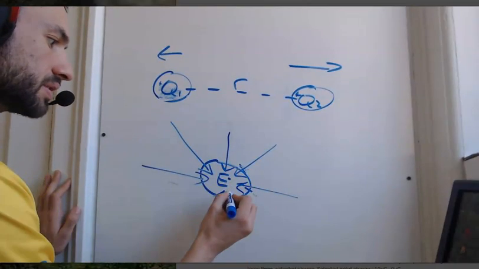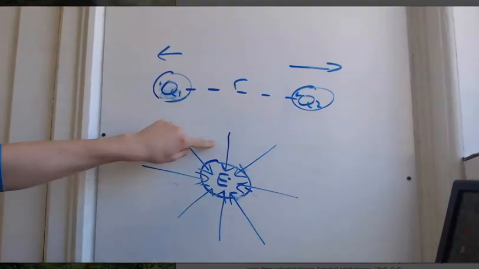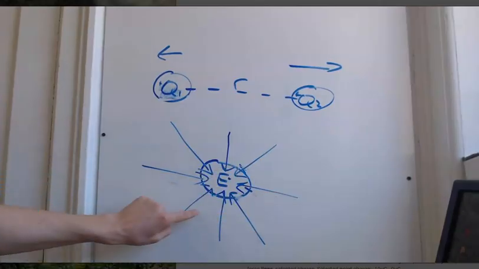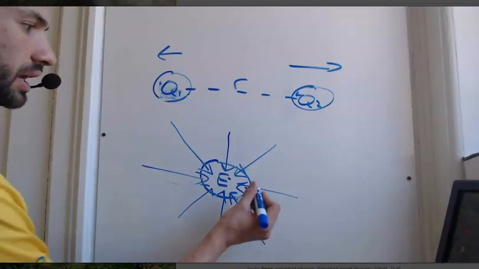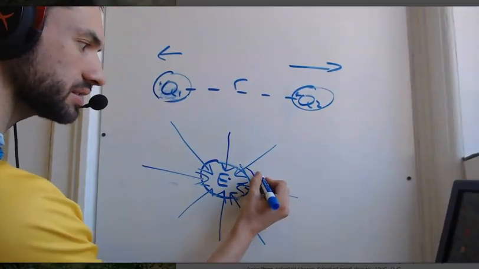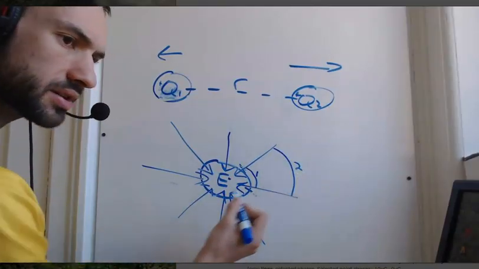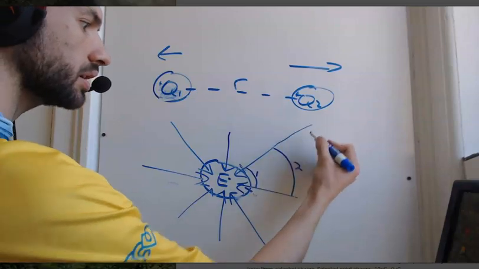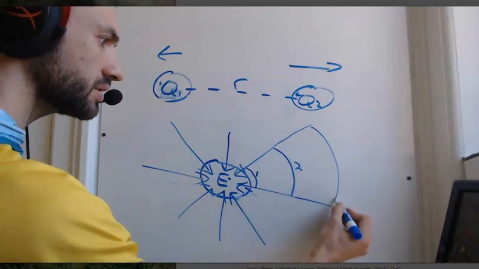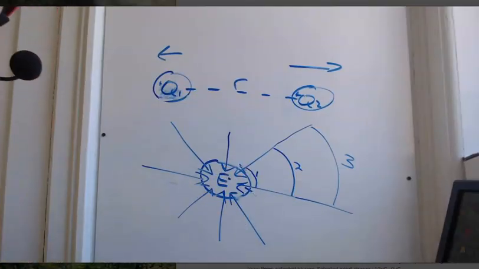Now when I'm talking about the strength of the field, these field lines pointing towards the Earth can actually help tell me the strength of the field. The distance from here to here, we'll call distance 1, is smaller than distance 2, which is smaller than distance 3. So the closer together our field lines are, the stronger the force is.